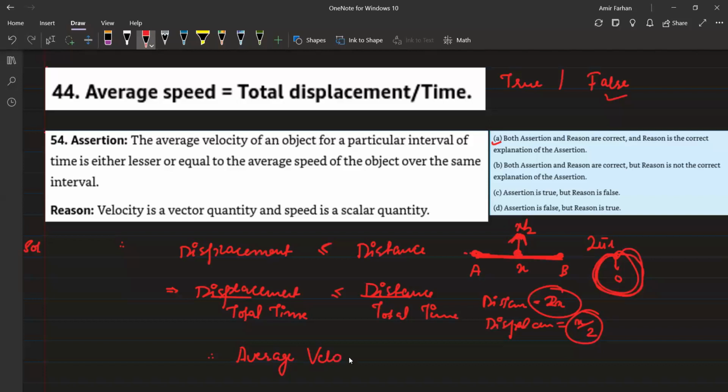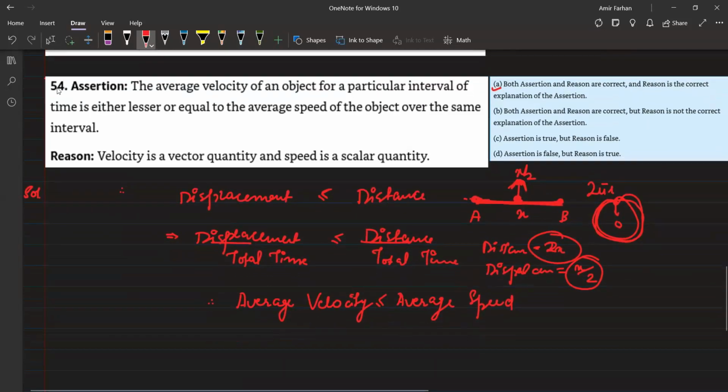Yes or no, everybody? Yes, sir. So average velocity is less than or equal to average speed. Clear, everybody? So it means that the assertion is correct. And why has this happened? Because velocity is a vector quantity. Displacement is a vector, so velocity will be a vector quantity. Velocity depends on displacement, yes?